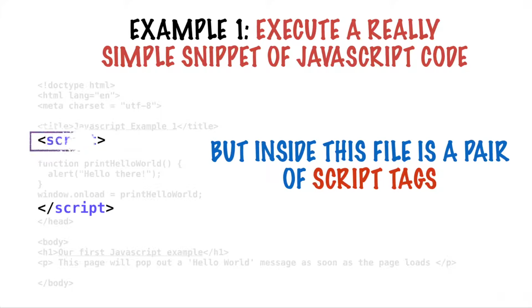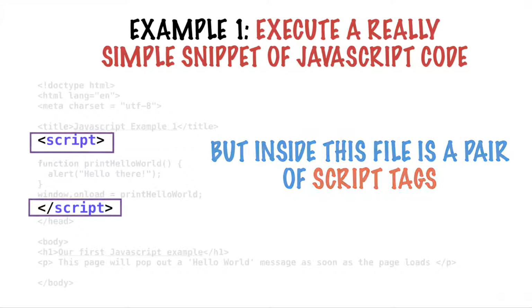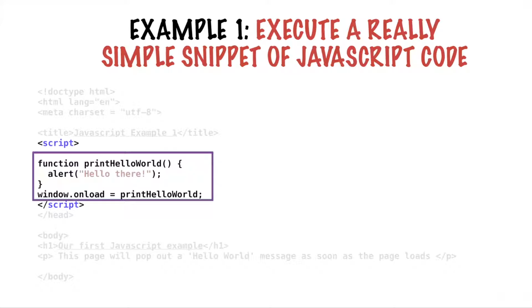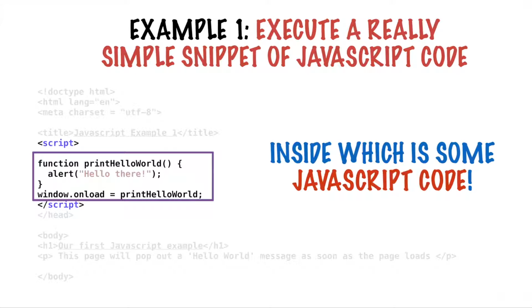This file has a pair of script tags, and inside script tags is where JavaScript goes when you want to write it and embed it within an HTML file. These script tags, the content part, is the JavaScript that we are interested in. If you notice this on screen, there is the JavaScript code embedded within the script tags.